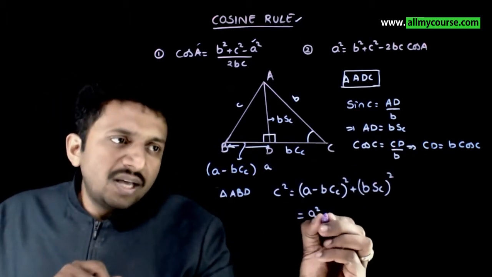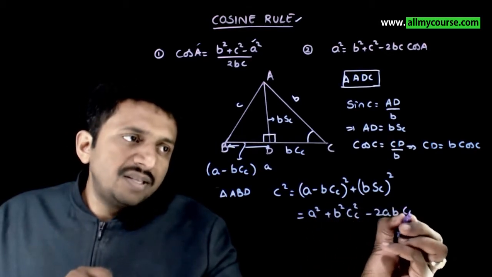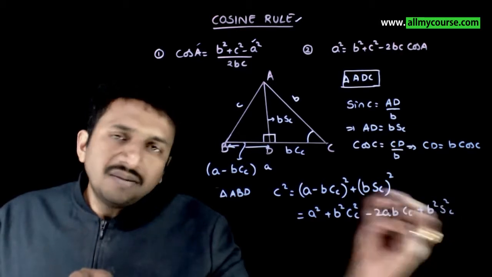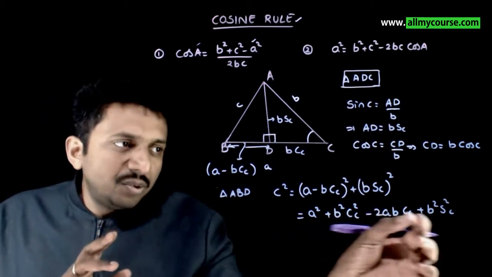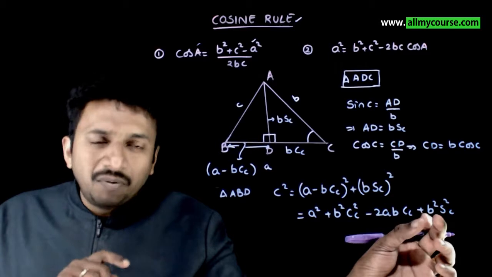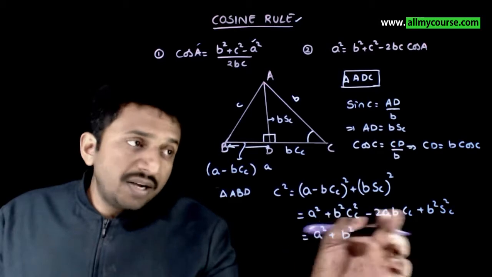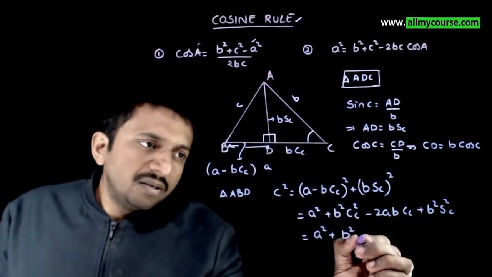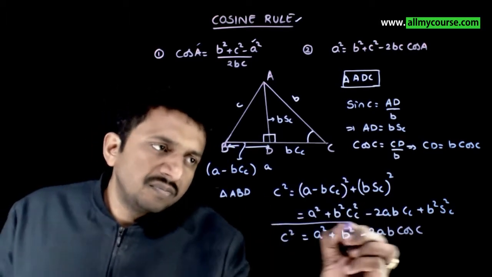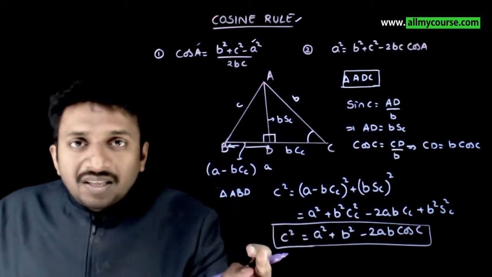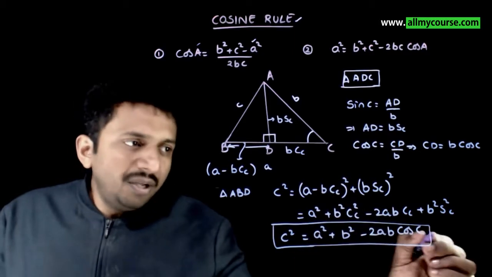That is equal to a square plus b square cos square C minus 2ab cos C plus b square sin square C. So b square cos square C plus b square sin square C combine to become b square times sin square C plus cos square C, which is equal to 1, minus 2ab cos C. So the length of c square is equal to a square plus b square minus 2ab cos C.